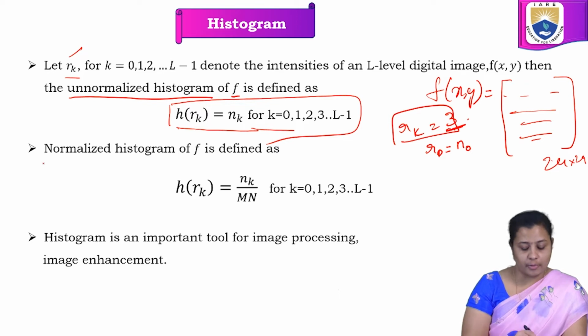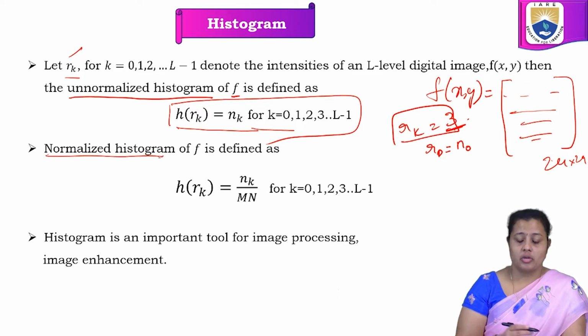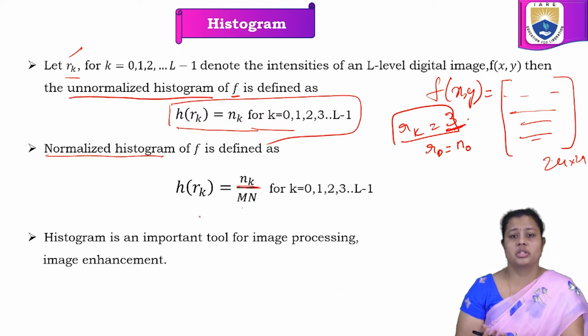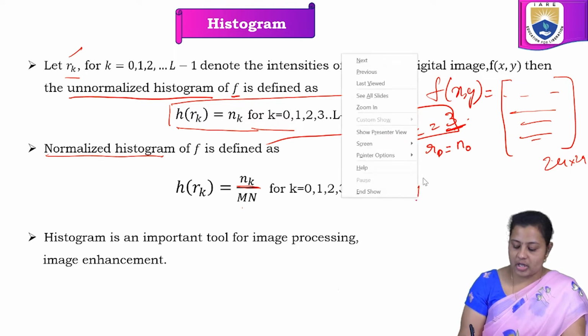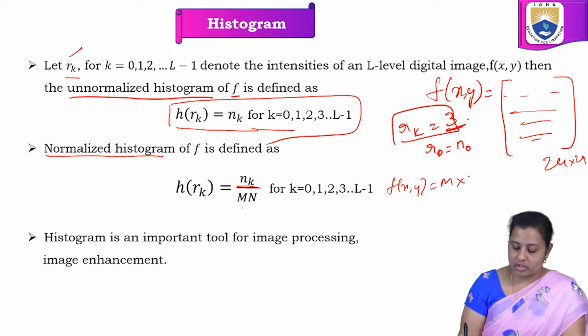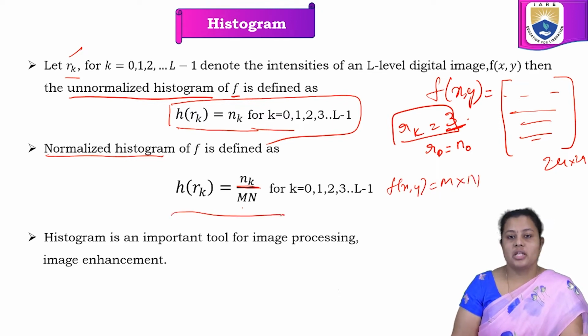Whereas we go for the normalized histogram. Here, I divide the unnormalized histogram by the total number of pixels in the image. Say if my f of x comma y is of m cross n size, then this will give the normalized histogram.